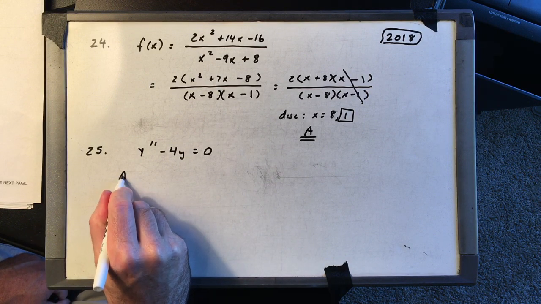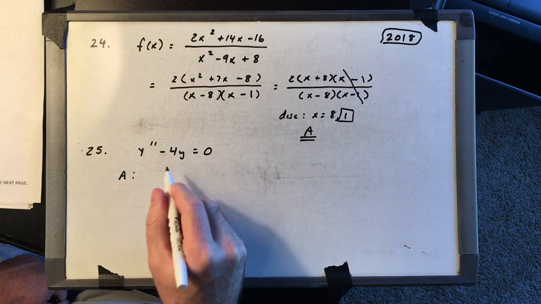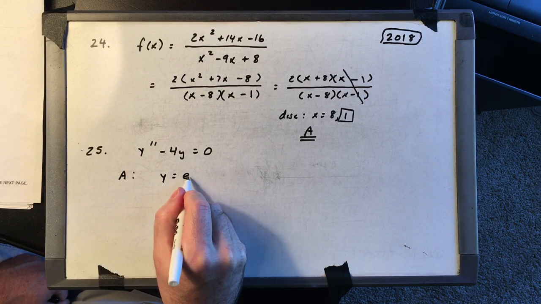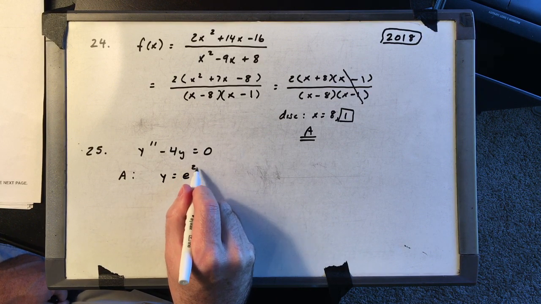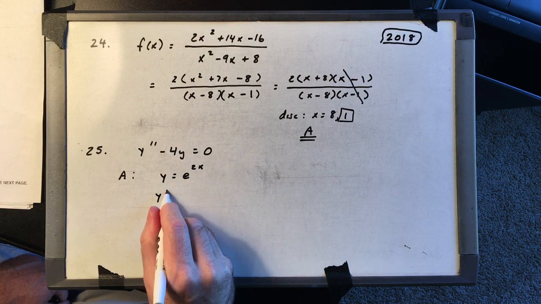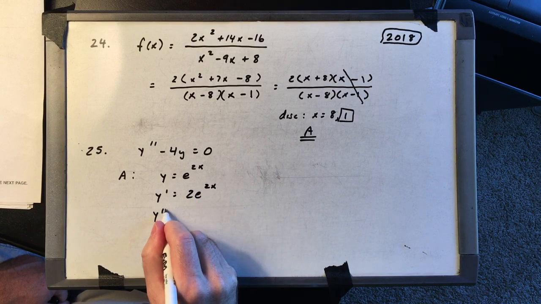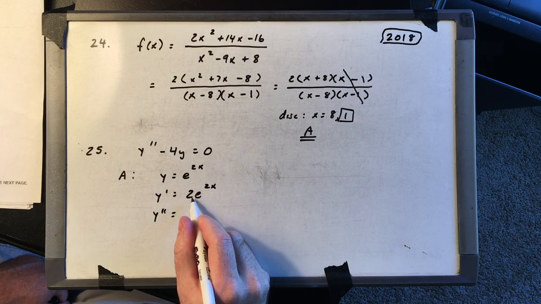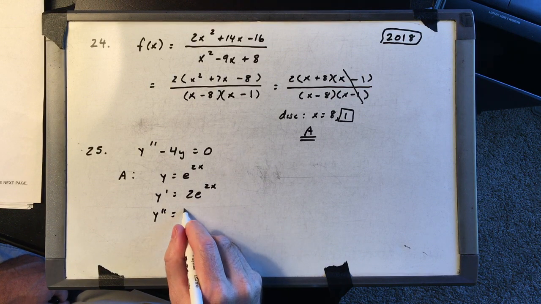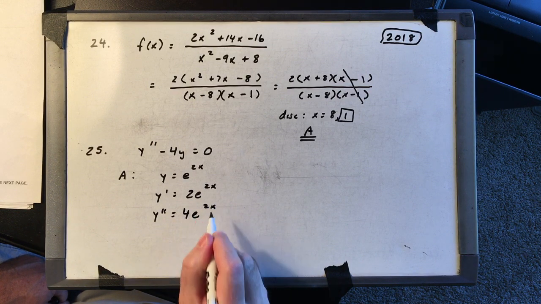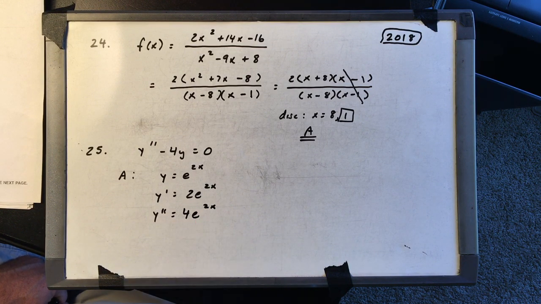Let's start with option A. It says y is equal to e to the 2x. So y prime would be 2e to the 2x, and y double prime would be 2e to the 2x times 2, so 4e to the 2x. Let's see if that works.